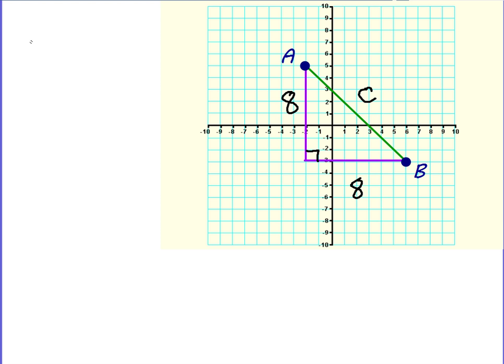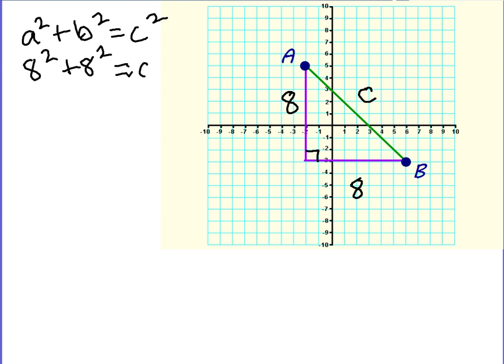So I'm going to use, again, a squared plus b squared equals c squared. 8 squared plus 8 squared equals c squared. 8 times itself is 64.